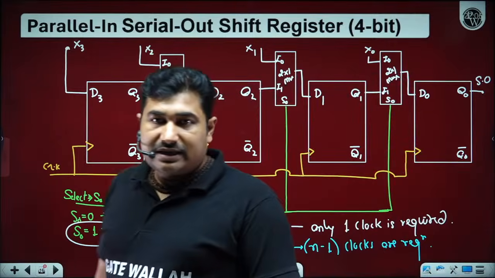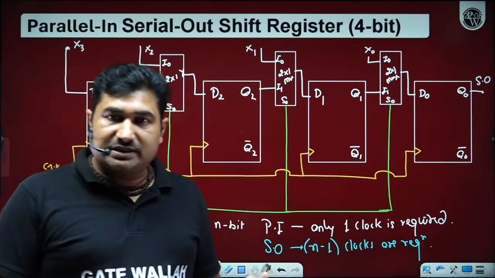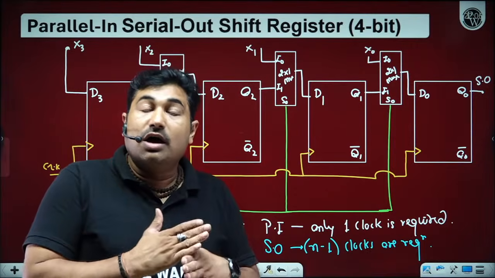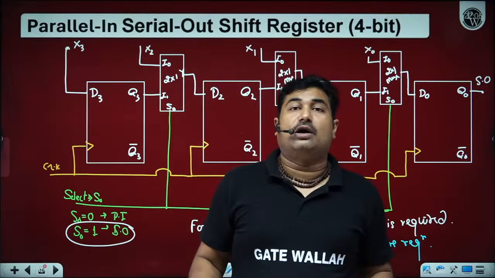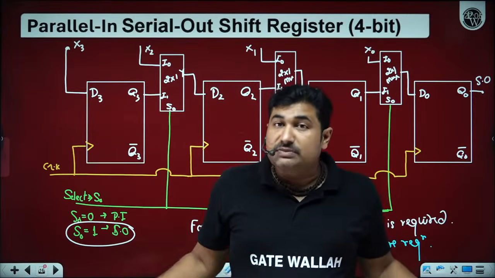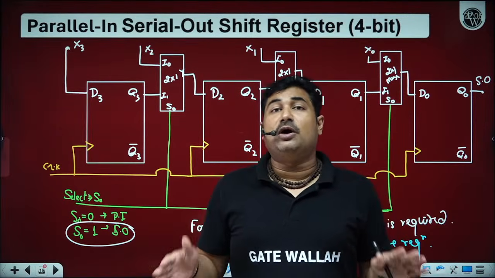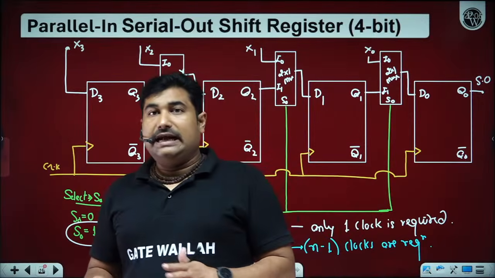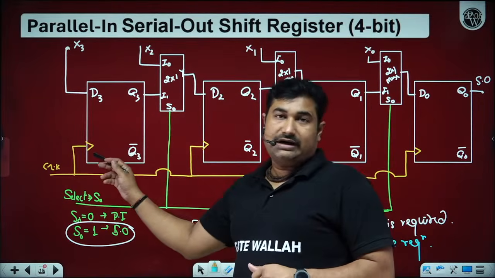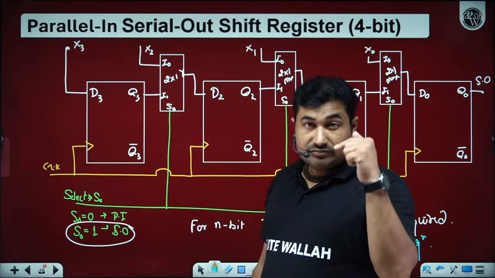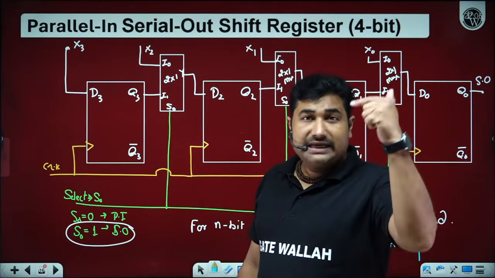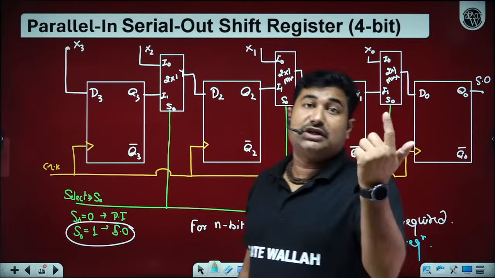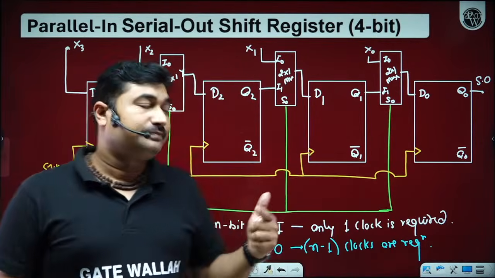Sir, does the PISO shift register work without a clock? No. No sequential circuit can operate without a clock. It is not possible for any flip-flop to operate without a clock. And the symbol of the edge-triggered clock indicates that whenever the clock level changes from 0 to 1, it means during the transition of the clock from low to high.